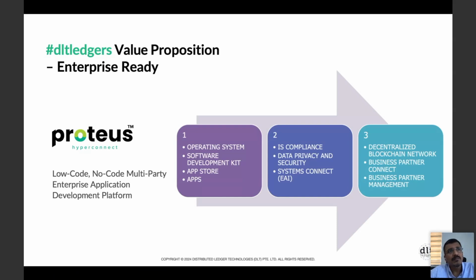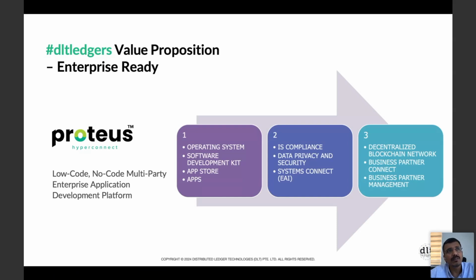Now, how do you have trust with all these things? This is where a decentralized blockchain network would enable trust across your process boundaries, whether it's your enterprise or the enterprise context within your business partners' IT infrastructure.